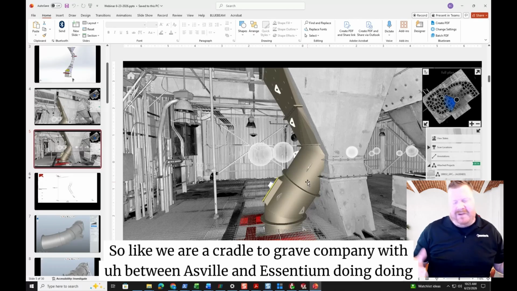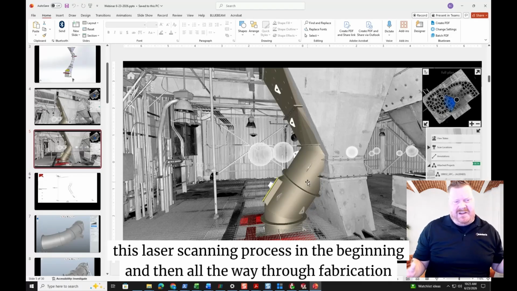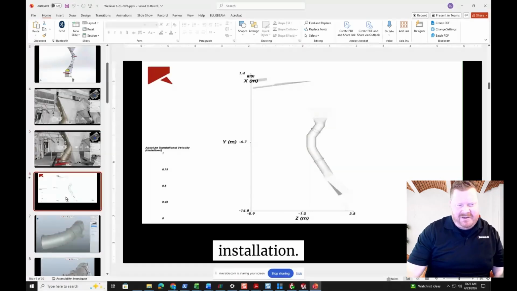So we are a cradle to grave company, with AsBuilt and Essentium doing this laser scanning process in the beginning and then all the way through fabrication and installation.